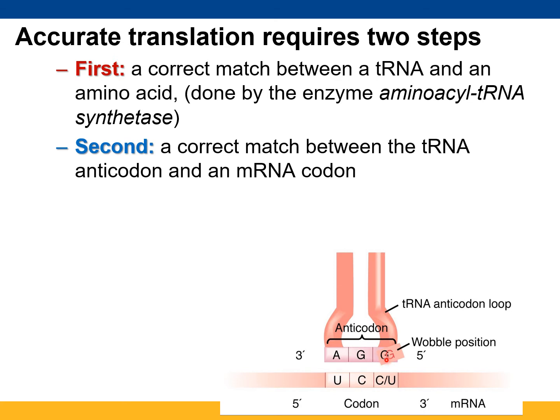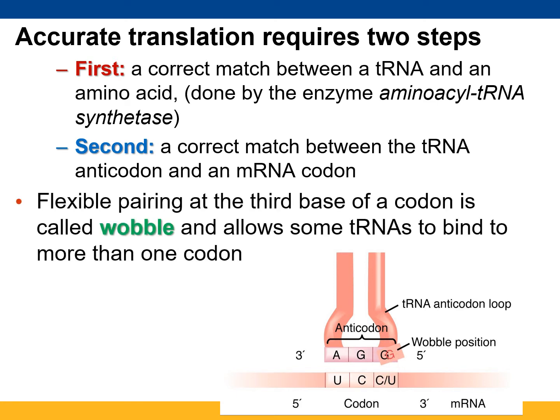For instance, if this is a G here, this third letter could be a C or a U, and that G would still fit in there. We've done some atomic measurements of this, and that's been corroborated in the physical data. So that wobble is why you see more than one letter in the third space of a codon, because some of these tRNAs can bind to more than one codon by virtue of that three-dimensional interaction.